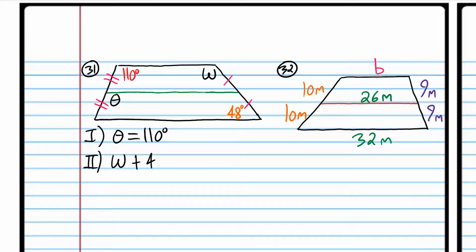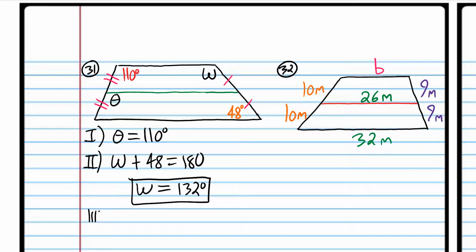So theta plus 48 is equal to 180. Therefore, omega, did I say theta? I meant omega plus 48, and that would be 132 degrees. And what else do we have? I guess that's it. So if you got those answers, good job.